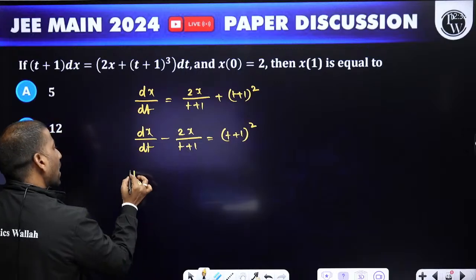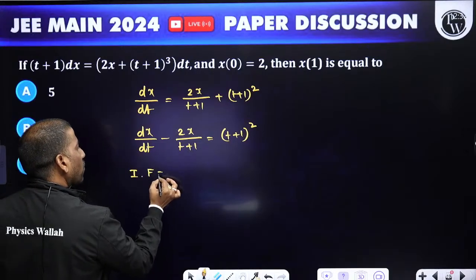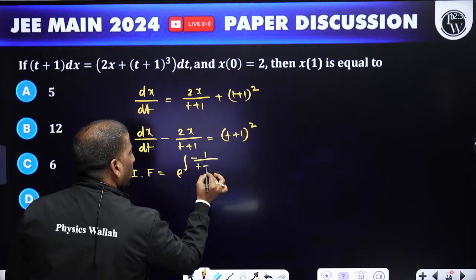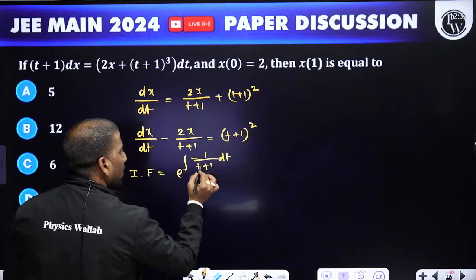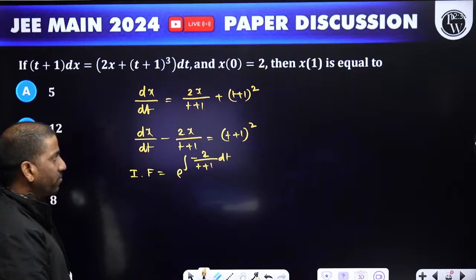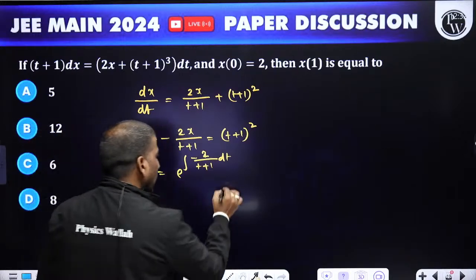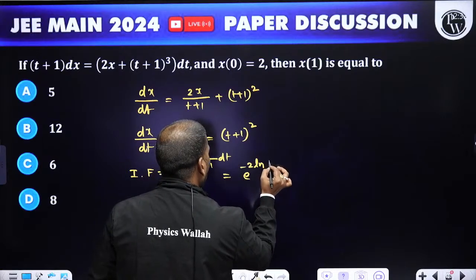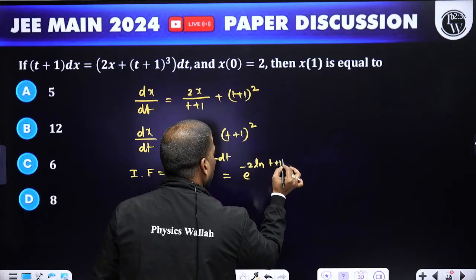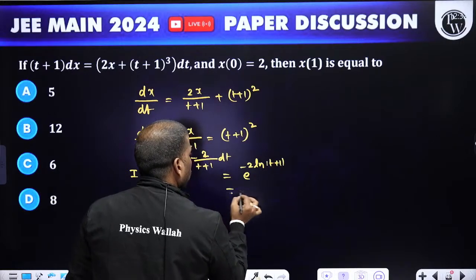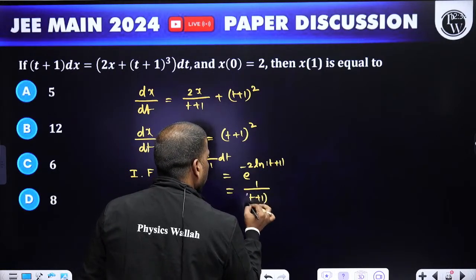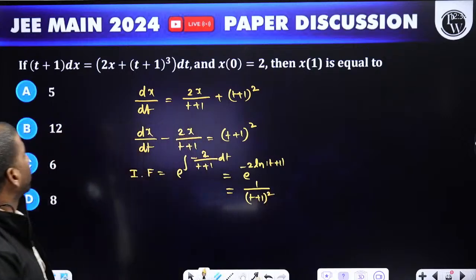What is the IF? The IF is e to the power integral of minus 2/(t+1) dt, right? So this is nothing but e to the power minus 2 ln(t+1). That is nothing but 1/(t+1)^2, because of that 2.